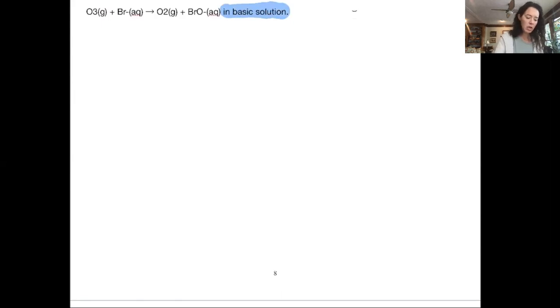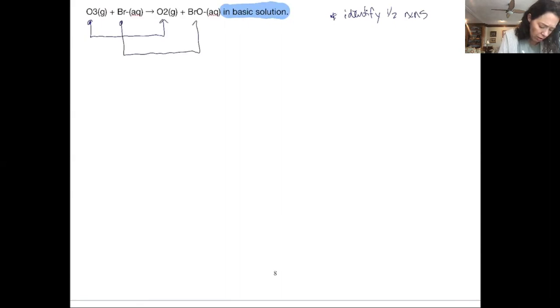All right, so I'm actually going to write the steps down as we go. We're going to identify half reactions. Okay, so I'm going to take O3 to O2 and the Br to the BrO negative. And I'm going to write half reactions.